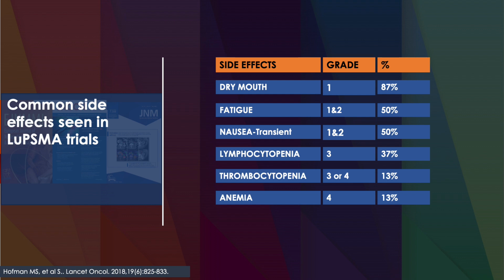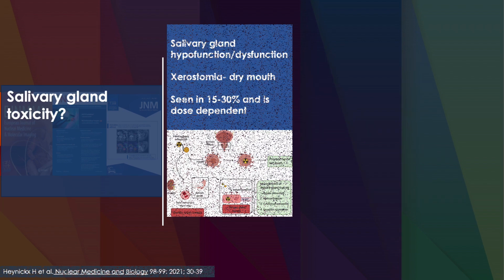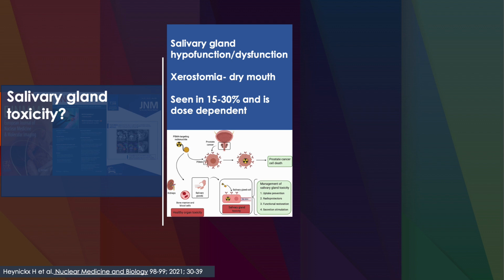But again, you need to speak to the patient regularly and pick up these things early during the course of the treatment. Salivary gland toxicity can be in terms of hyperfunction or dysfunction. It starts with xerostomia, which is a dry mouth, seen in approximately 15 to 30%. And again, it is dose dependent and definitely seen to a greater extent in patients treated with alpha therapies.